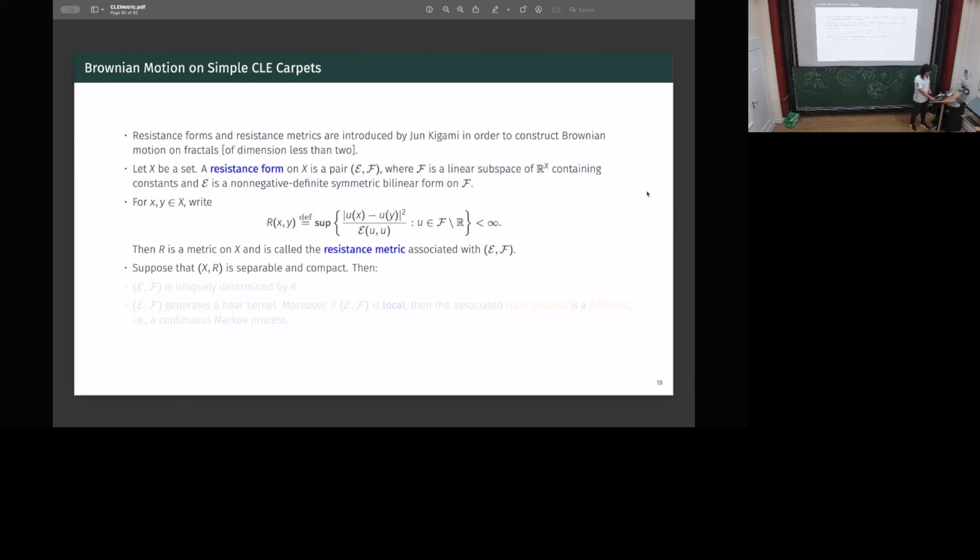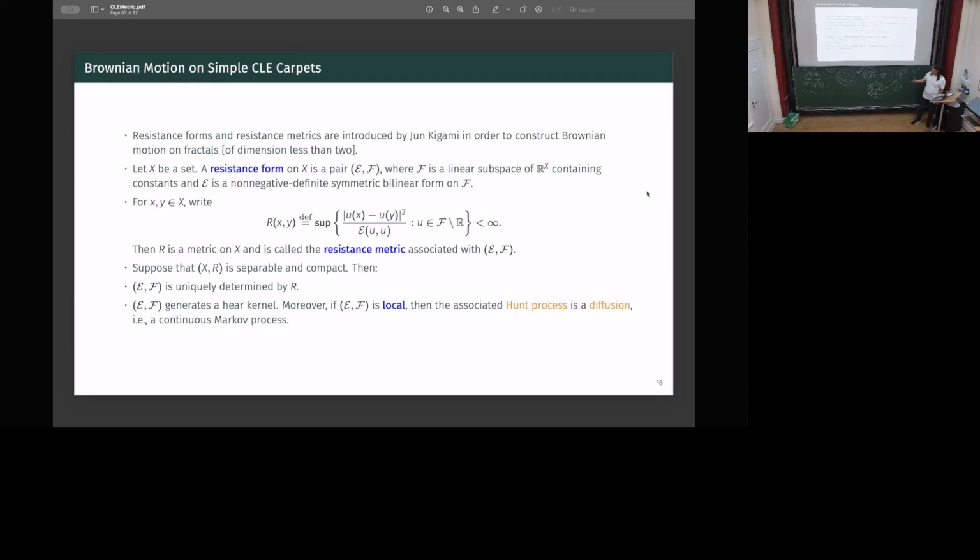And if you assume in this metric the space is separable and compact, then the form is uniquely determined by R, which says more or less these two things are equivalent. So once you have one, you can have the other. And why this is helpful to study Brownian motion is because this resistance form will generate a heat kernel.